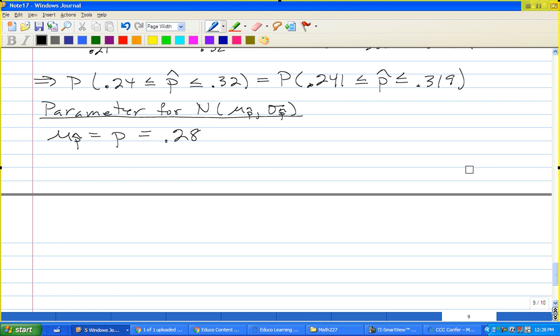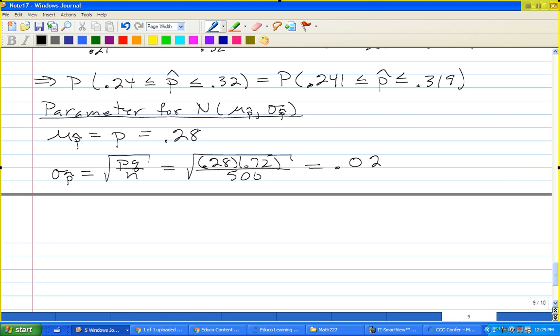The standard deviation for the sampling distribution of all possible sample proportions is just equal to radical PQ over N. Again, P is 0.28, Q is 0.72, and n is equal to 500. Plugging that into your calculator, you get 0.020079841.